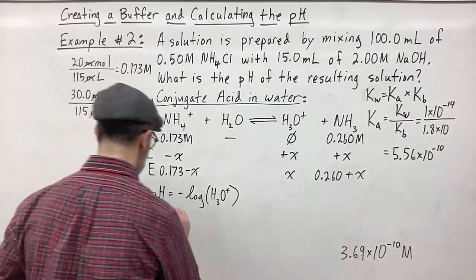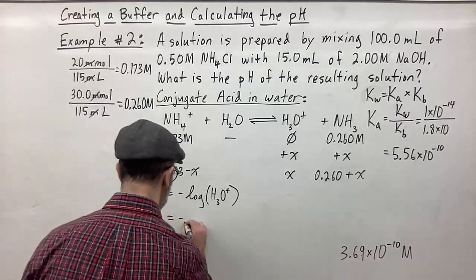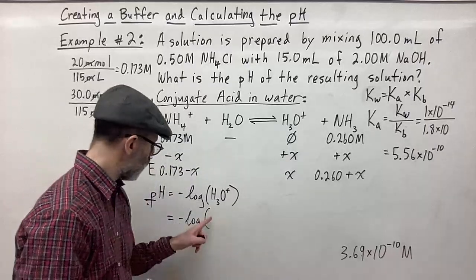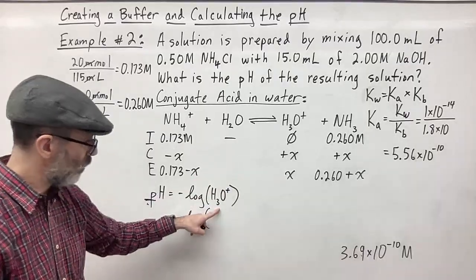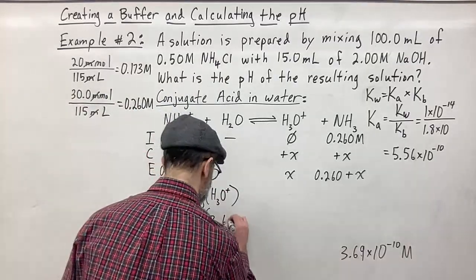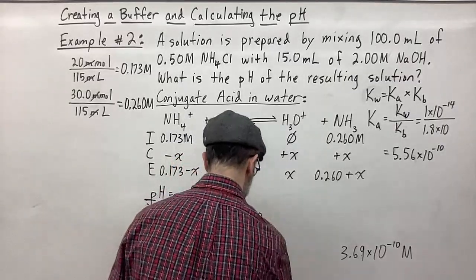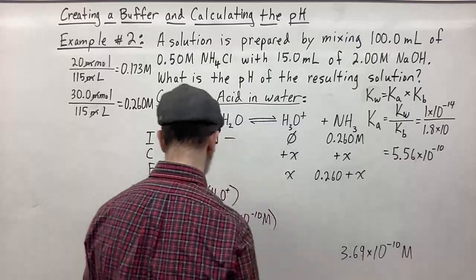So now here, I take the negative log of the H3O plus, which is this number here. So 3.69 times 10 to the negative 10 molar.